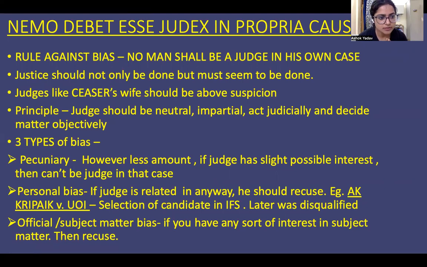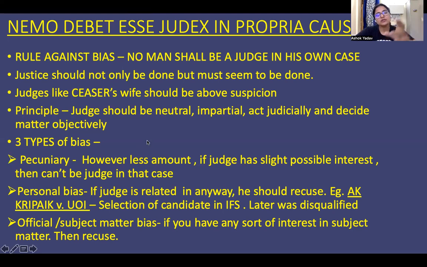Under this, they are talking about three biases that we'll be discussing. Under this maxim, what they are basically trying to say is that justice should not only be done, but it must seem to be done. Judges, like Caesar's wife, should be above suspicion.